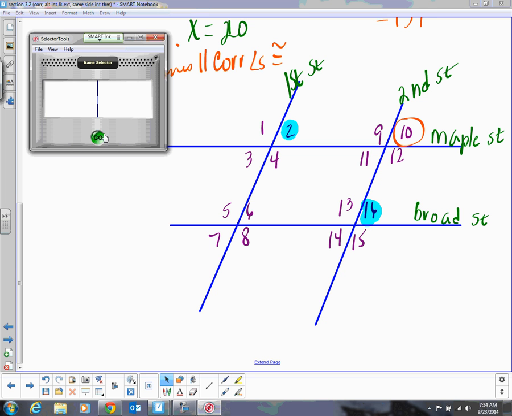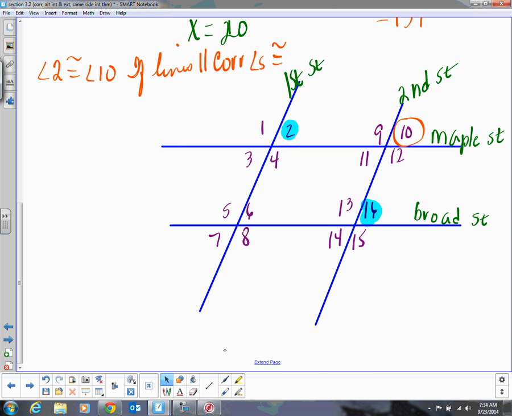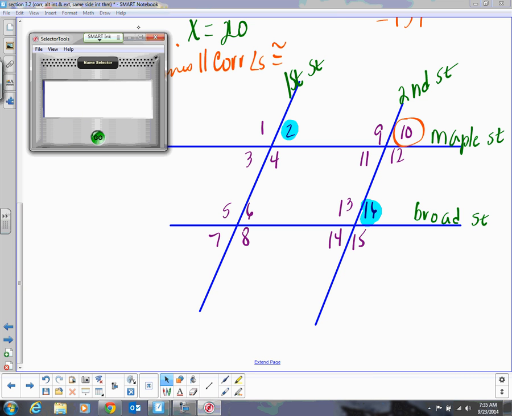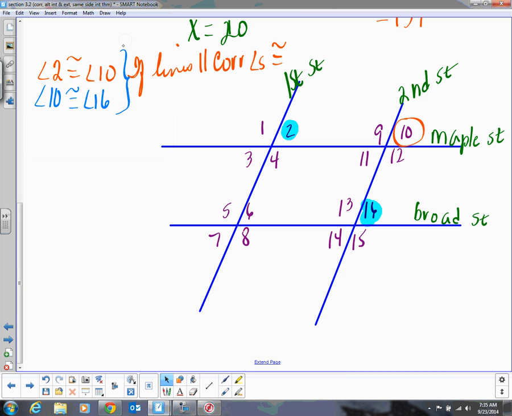And the person that's going to answer that is Jennifer, who's not here. So we're going to go to Sydney. Angle 10 is congruent to angle 16. Okay, so I'm going to lump these together in the same reason. All right, with that said, if angle 2 is equal to 10 and 10 is equal to 16, what can we say, Caitlin?